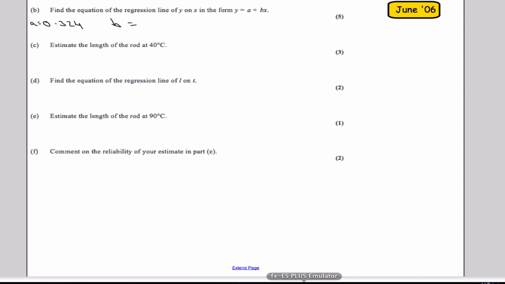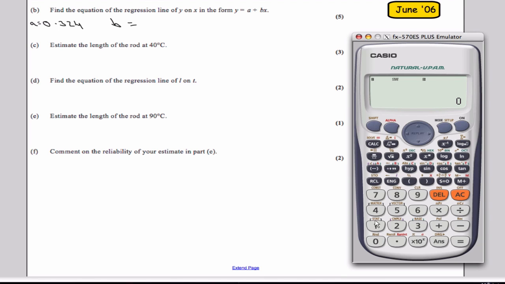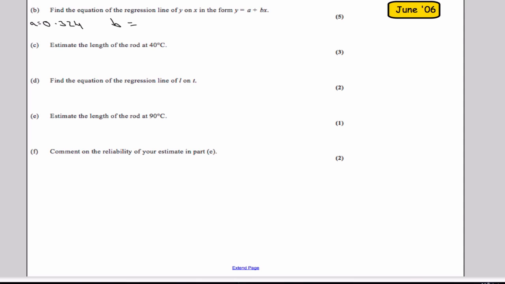B equals, again, let's use the calculator to get all the hard work done. Regression, value of B, 0.0406. So y equals 0.324 plus 0.0406 times x.